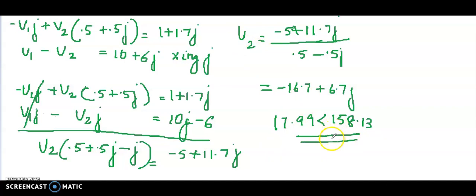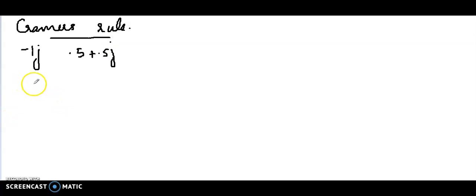So you can solve it in another method also, that is we have these two equations. By using Cramer's rule we can get the result, and next I'll be showing you how we can find it using Cramer's rule. You can write the coefficients of the first equation, minus 1j, 0.5 plus 0.5j, 1 minus 1.